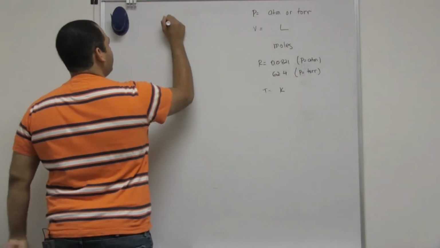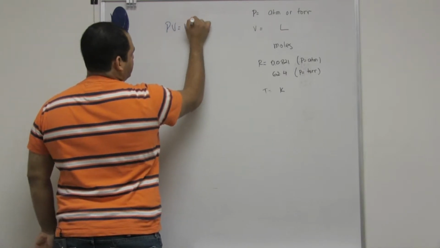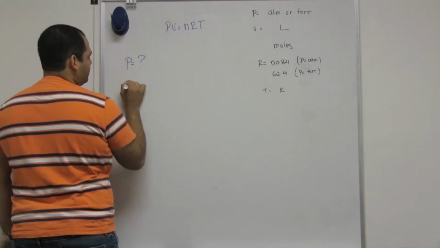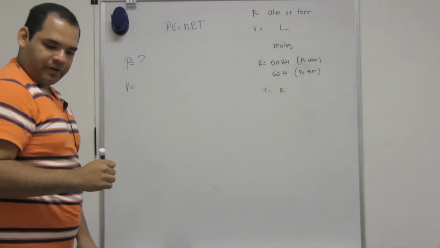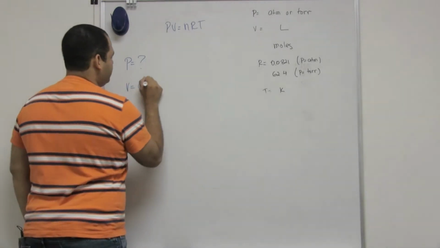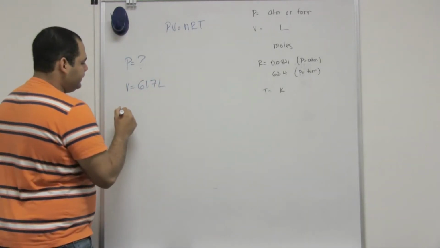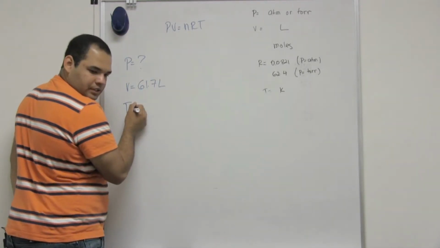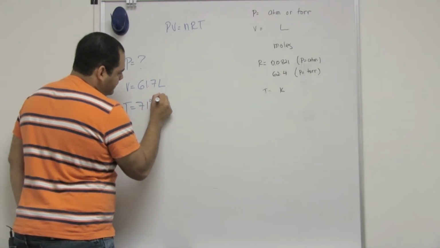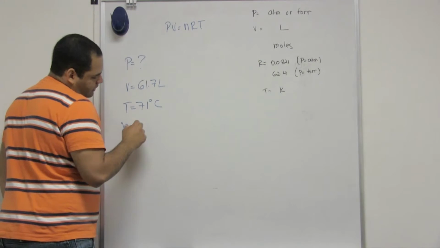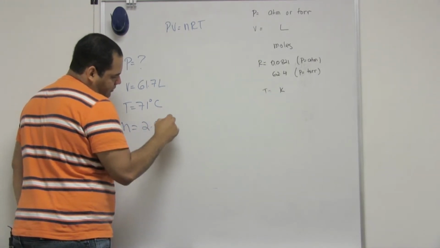I know that PV is equal to nRT. P, you want to know the pressure. Volume in this question is 61.7 liters. Temperature is equal to 71 Celsius. n is equal to 2.05 moles.